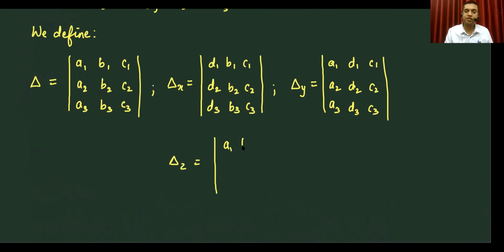Replace the coefficients of z by the constants. First, delta will have coefficients of x, y, z. Delta x will have constants and coefficients of y, z. Delta y will have coefficients of x, constants, and coefficients of z. Delta z will have coefficients of x, coefficients of y, and constants.